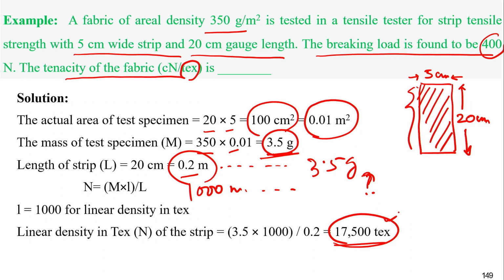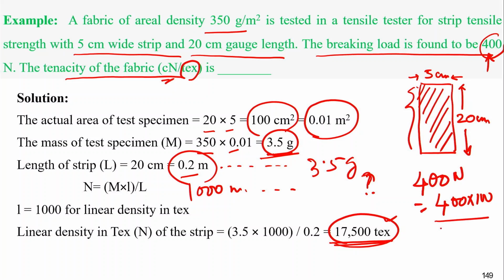From there we can calculate the tenacity. We know the breaking load is 400 Newton. Our unit required is centinewton, so 400 multiplied by 100 to make it centinewton, it will be 40,000.